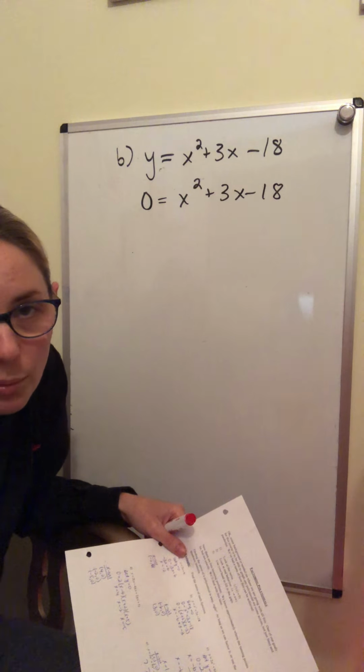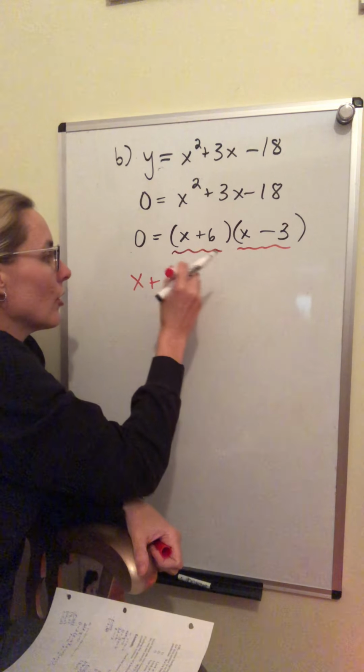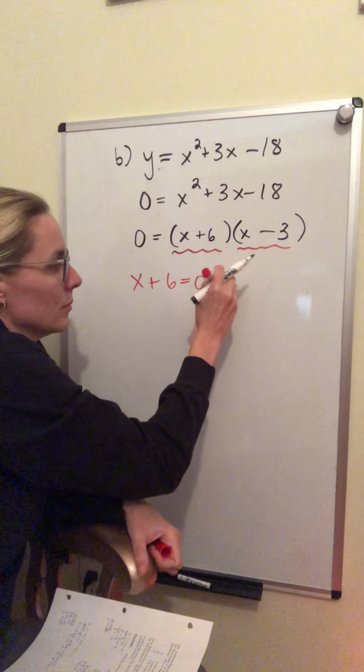What, guys, what are two values that multiply to negative 18? Sorry, add to 3. No one's answering my questions here. Positive 6 and negative 3. Multiply to negative 18, add to 3. Now the zero product property says, and you'll remember, if these two things multiply to be 0, then one or the other equals 0.